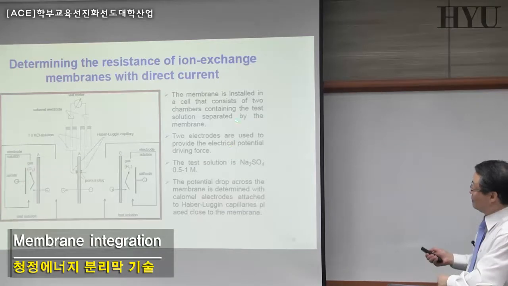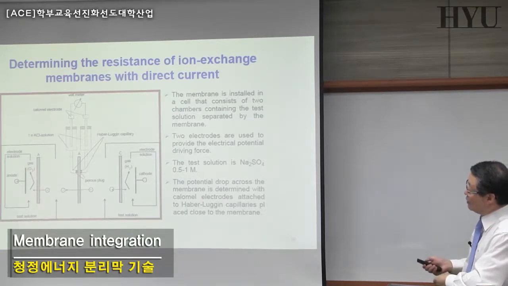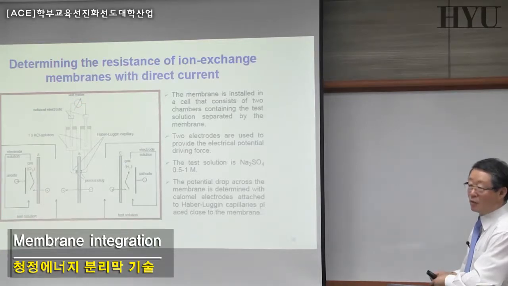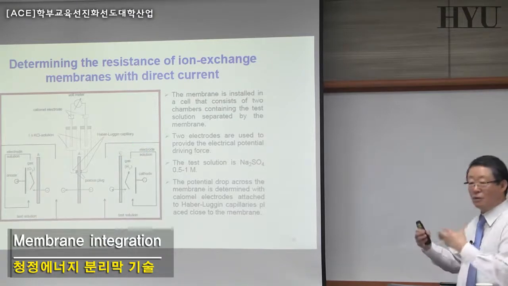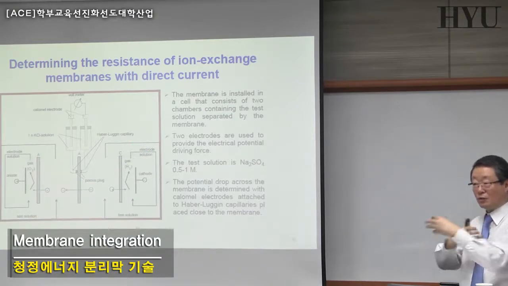So this is the setup, and if you have a voltmeter on both of those two sides, then you can obtain the voltage drop or the potential drop across the membrane because of the exchange of the ions in this case.